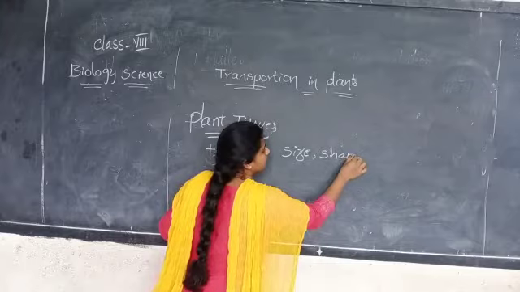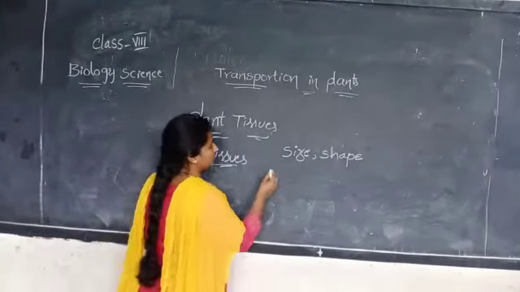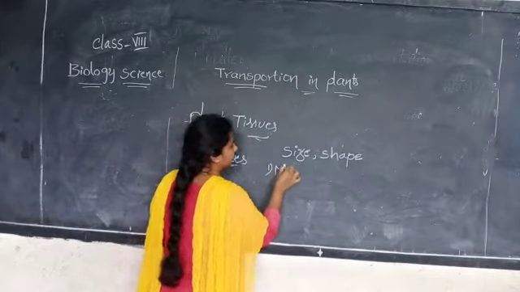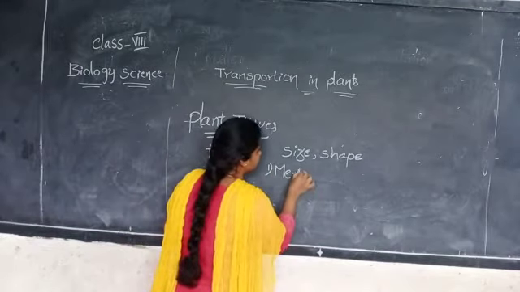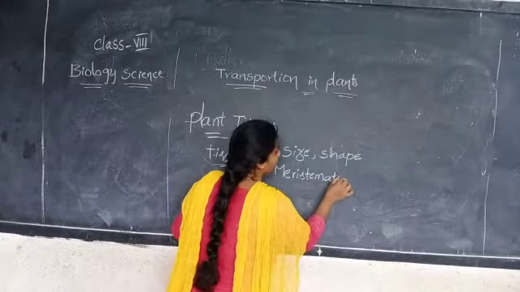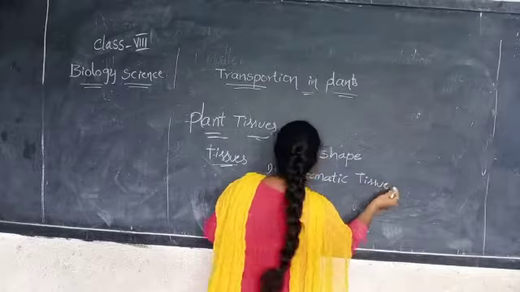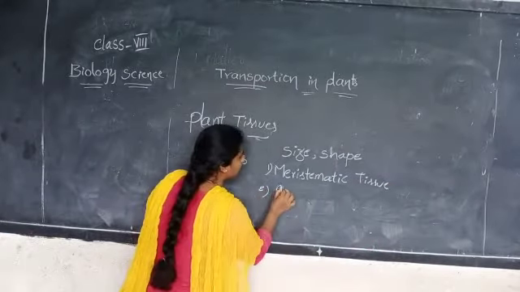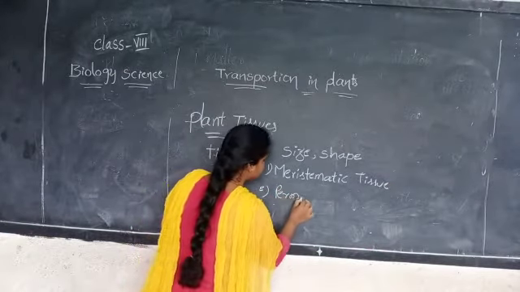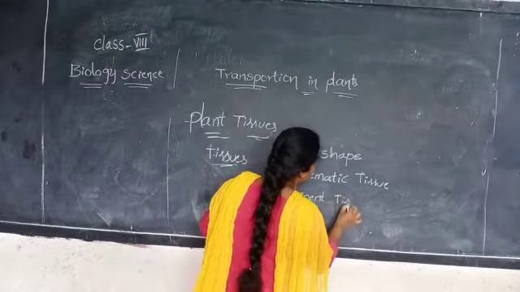It is divided into two major tissues. One is meristematic tissue. The second one is permanent tissue.